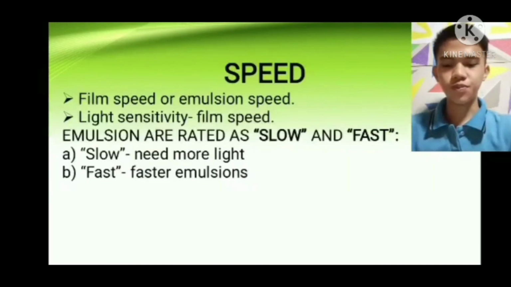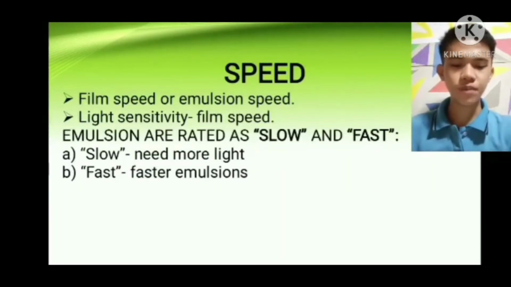Speed. Speed in this context refers to the film speed or emulsion speed. Film speed is determined by the degree of sensitivity of an emulsion to light, which is known as light sensitivity.